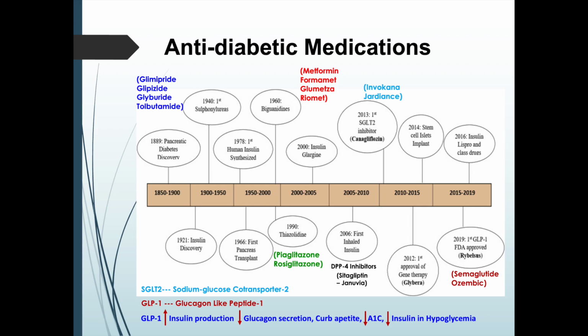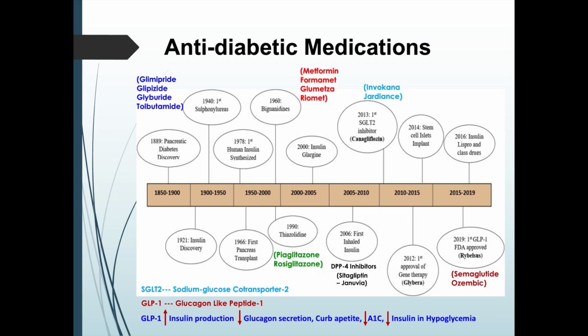Then come the biguanides that contain metformin: Formamed, Glumetza, Riomet. And sulfonylureas in the 1940s: glimepiride, glipizide, glyburide, and tolbutamide. All those are one group of compounds, and thiazolidinediones are another group of compounds.